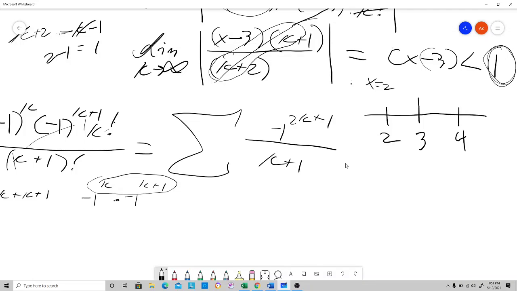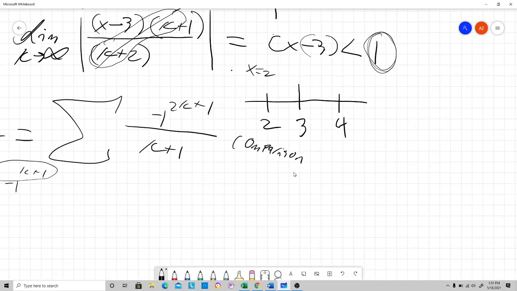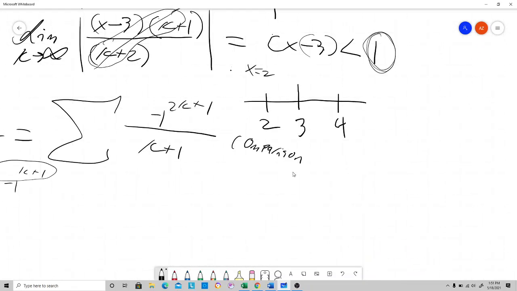So the way we can do this, we can apply some rules of infinite series and see if it converges. So let's do a comparison test. The best series to compare it to is honestly just the sum of 1 over k.